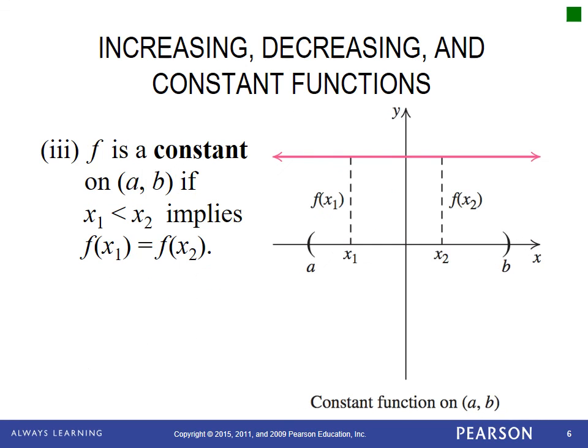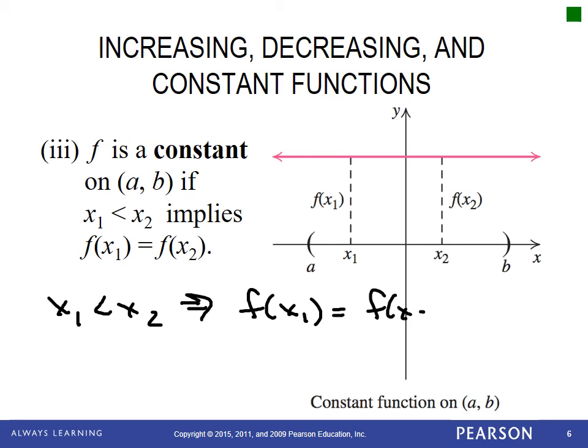Cool, and the constant function: pick any two points, x sub 1 or x sub 2, on this interval, and you will have the same exact y value, the same functional value, on that interval.